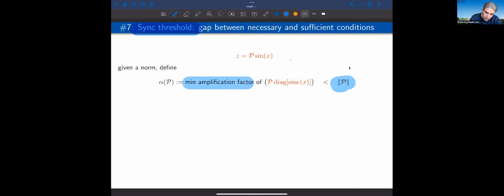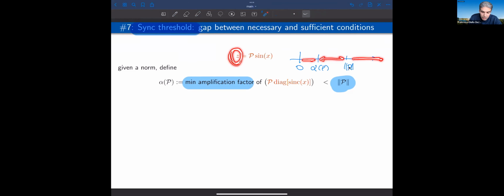And on a real axis, if you put 0, alpha of p is of course smaller than the induced norm of p. And basically the theorem tells you that if your power injection or natural frequency heterogeneity, it's in the vector z, is in this range, then a solution always exists. And if it is in that range, the solution never exists.